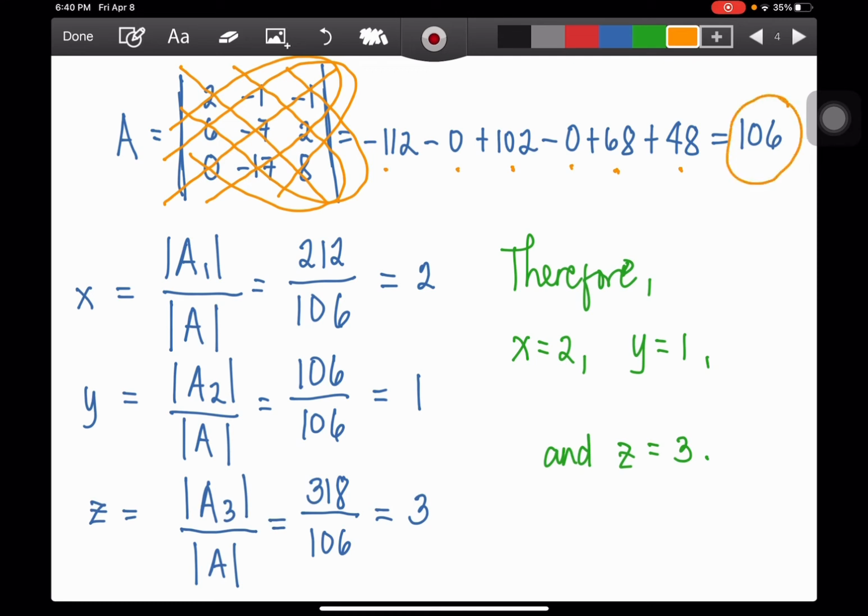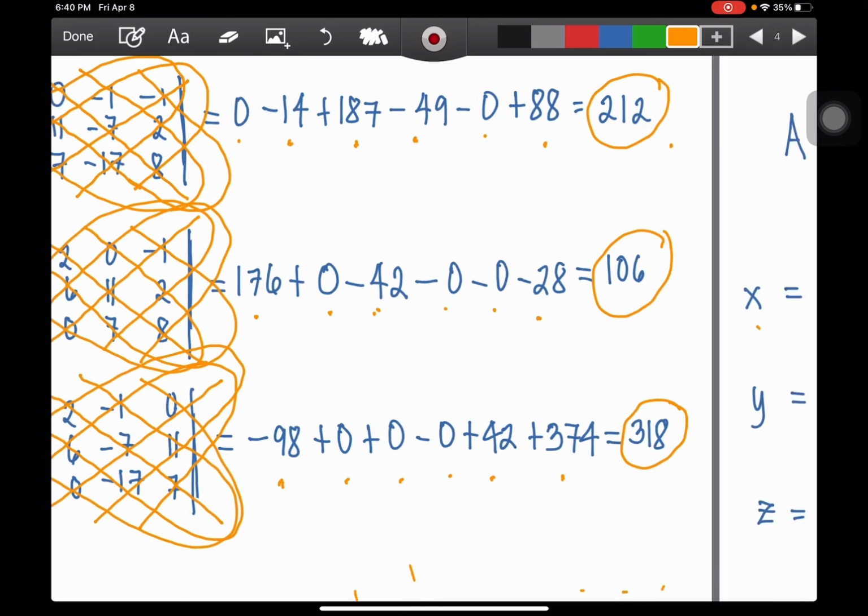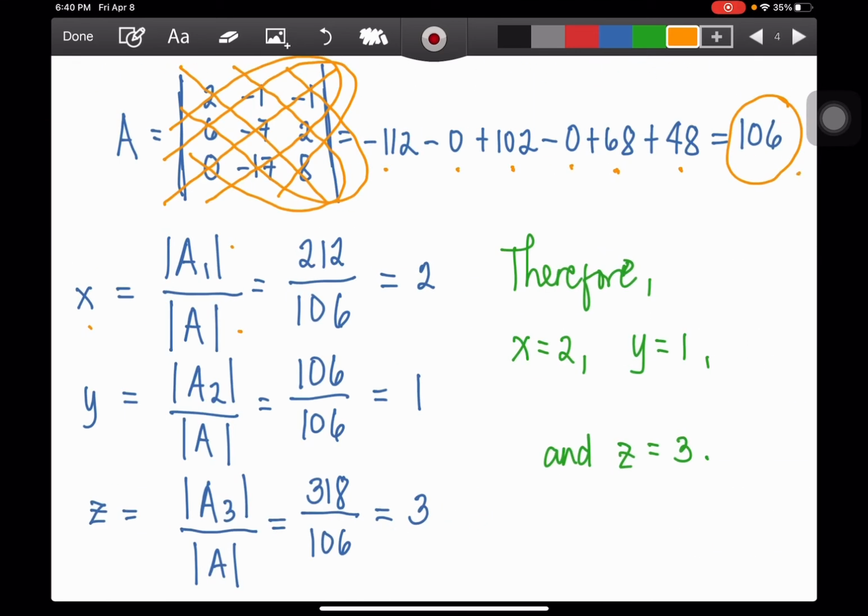So, those are our determinants, and those determinants are very important for the next step. We can find the value of x by dividing the determinant of matrix A sub 1 by the determinant of matrix A. Recall that the determinant of A sub 1 is 212 divided by 106, that's equal to 2.